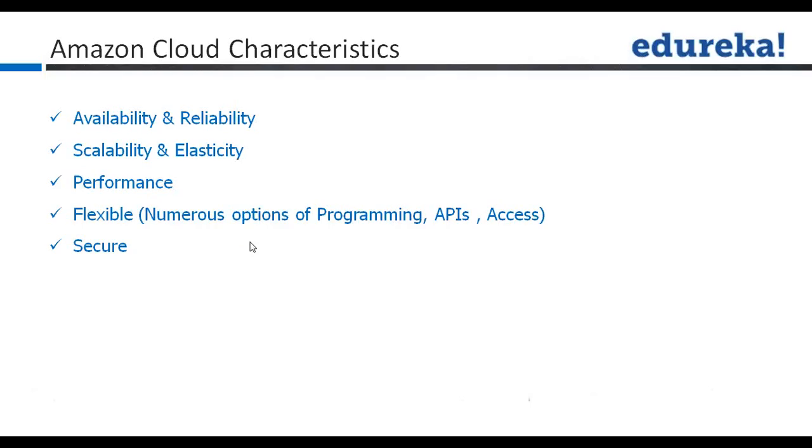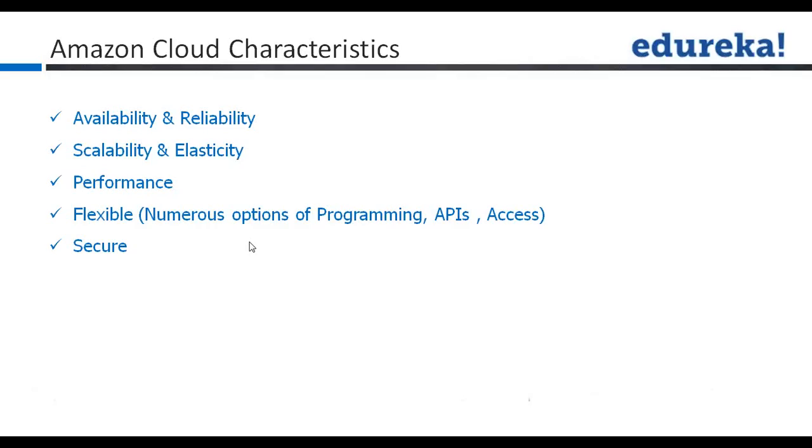Now Dilip has a question: will it cost additional if we use dual availability zones? Yes, if you host your application in multiple availability zones, it would cost you. So that's the trade-off you have to make, whether you want to make it highly available or trade off your cost.